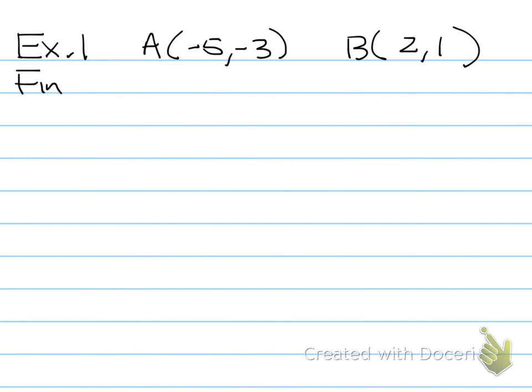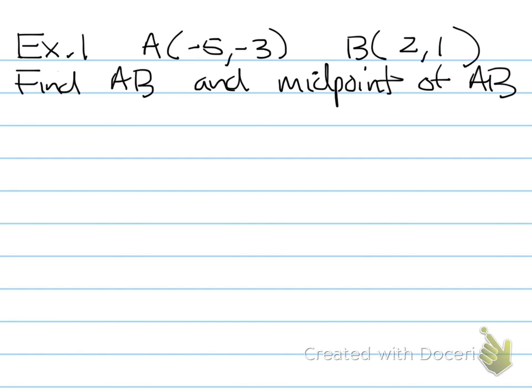All right, so given these two coordinates, we want to find the length of AB and the midpoint of AB. To find the measure of AB, we're going to use the distance formula.